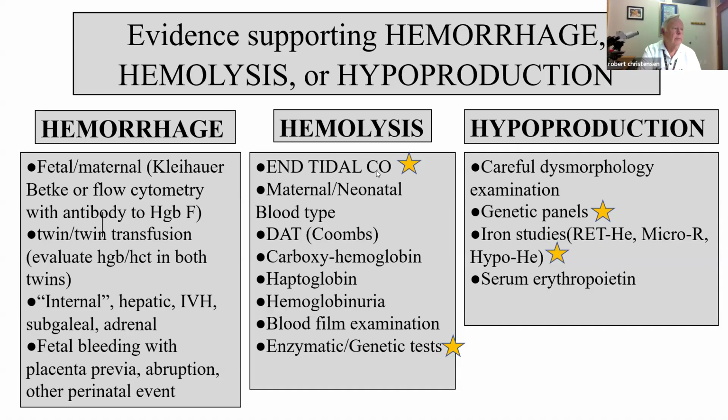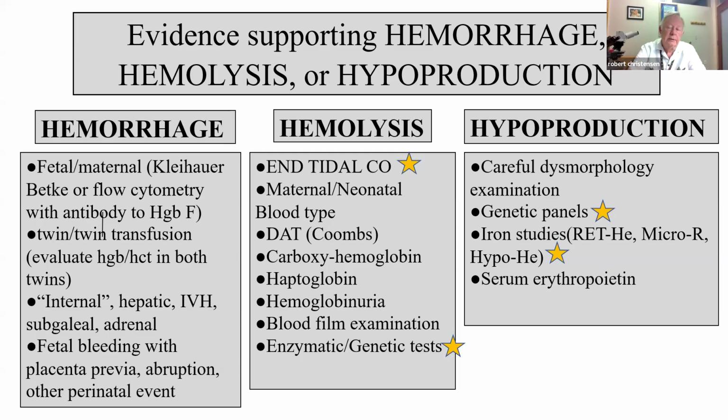Other ways that we can measure or assess hemolysis, of course, we've got maternal and neonatal blood types, Coombs test, carboxyhemoglobin, which is the same principle as end-tidal CO, but not quite as sensitive as end-tidal CO. Haptoglobin levels fall with hemolysis. Hemoglobin appears free in the urine with hemolysis. Blood film examinations give us some indication, and then looking for the exact mutations that cause some of our red cell cytoskeletal and enzymatic defects.